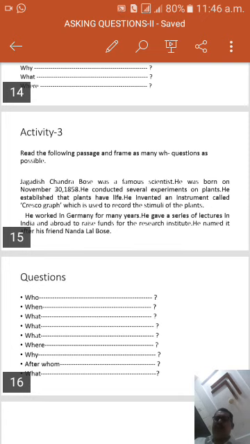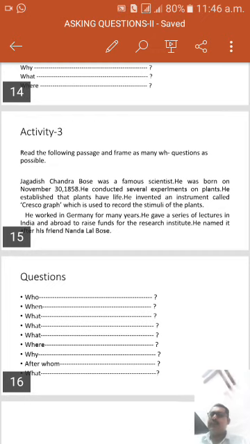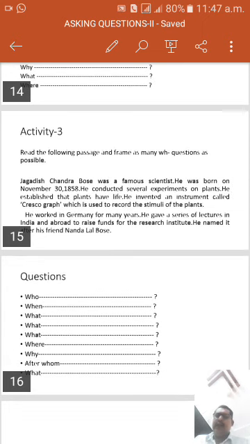When was Jagadish Chandra Bose born? What did he establish? What did he invent? What is the instrument used for? Where did he work? Why did he give lectures? After whom did he name his research institute? What did he do with the plants?